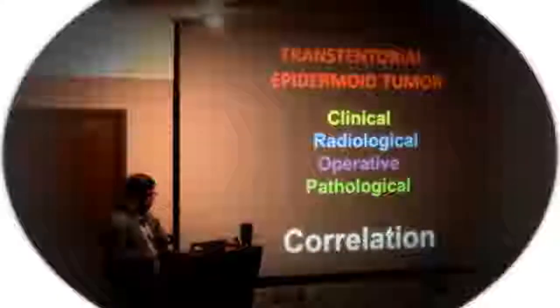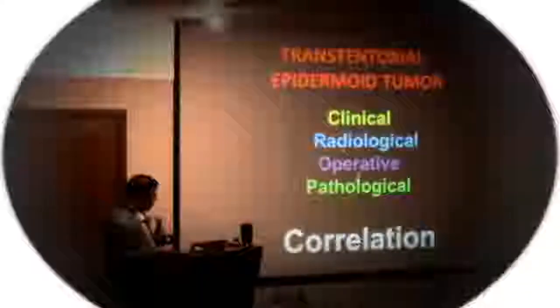The theme for today is the transtentorial epidermoid tumor, and we'll go for the correlation that we all know now. When we say transtentorial, what do we mean? This is the tent separating the posterior fossa from the supratentorial compartment. So any tumor that goes through that opening that transmits the brainstem is called transtentorial.